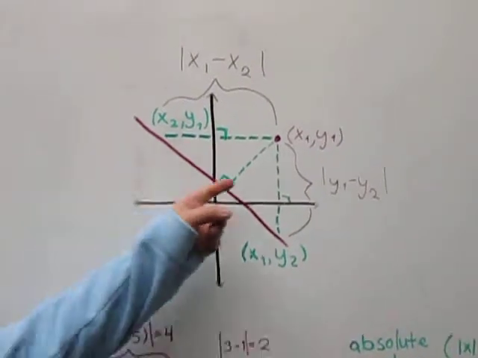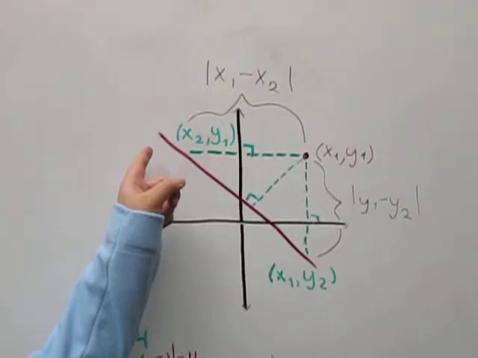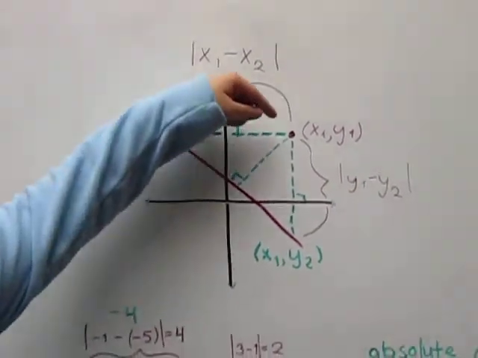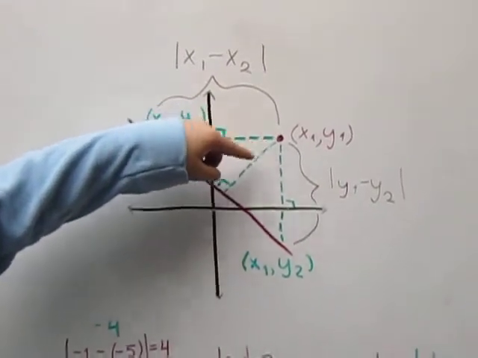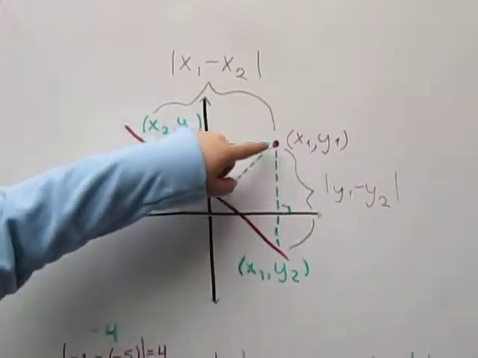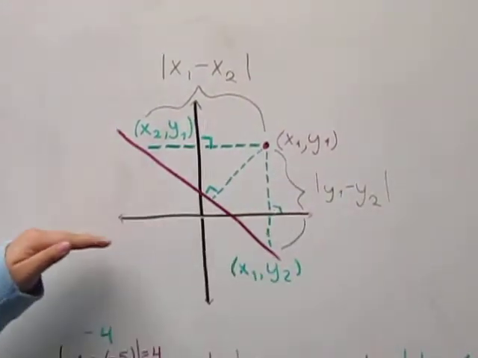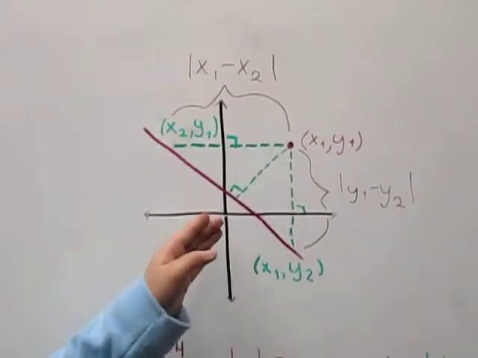In our problem, we had a point and a line, and we were able to draw a triangle from this point and line because we can draw a perpendicular line from this point that goes through this line, another perpendicular line that goes from this point through our x-axis, and one that goes from this point through our y-axis.